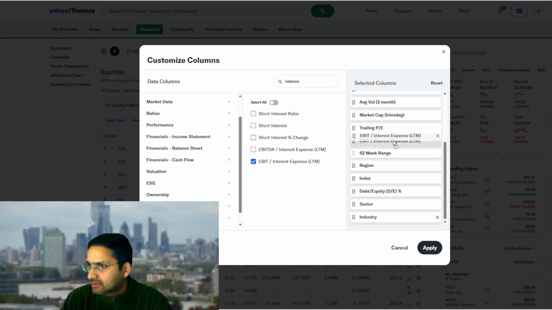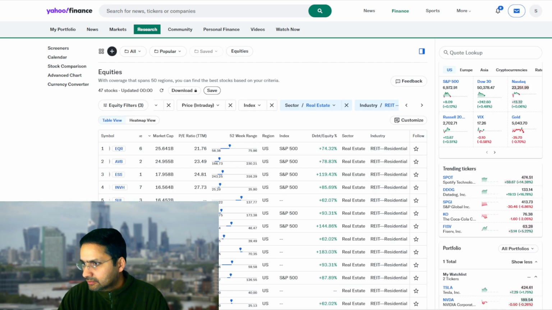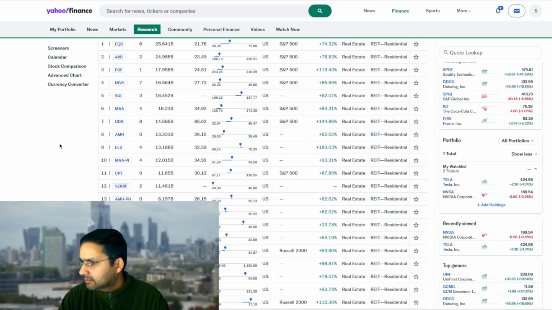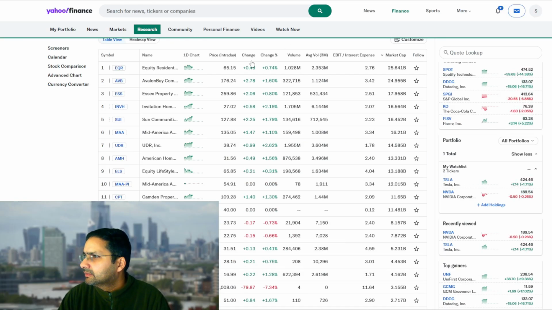So I'll just move it up, just before market cap, and apply. If I scroll to the left, yeah, that's the interest coverage.